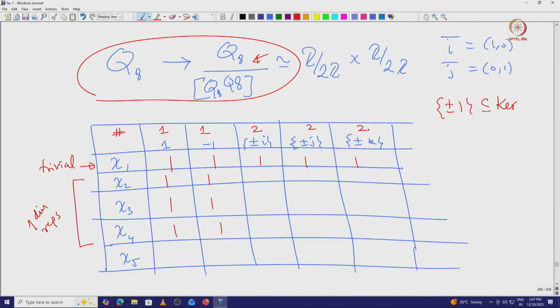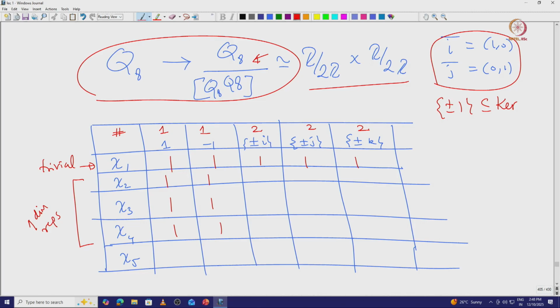Any homomorphism from G modulo 2Z cross G modulo 2Z to C cross will be determined by the values on I bar and j bar. Because it is all one dimensional, the exact values will be given here, so we can make choices.